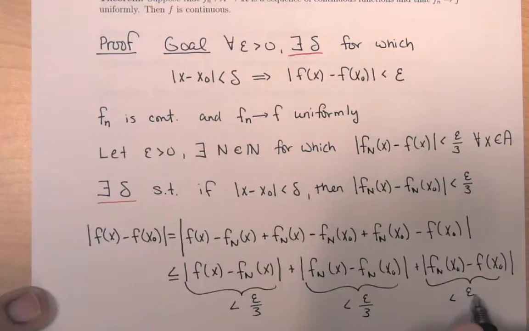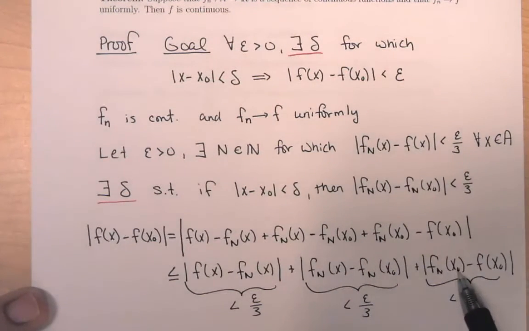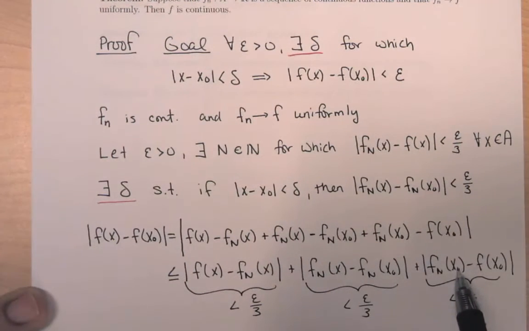And this term is less than epsilon over 3, also by the uniform convergence. Now this says x naught and this says x, but this is true for all x in A, and x naught is an element of A. So it's true here.